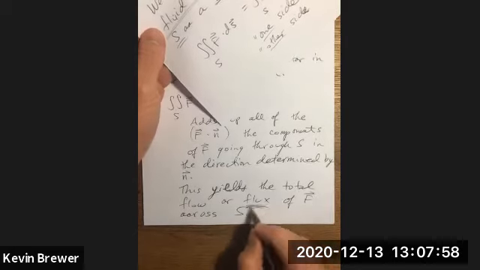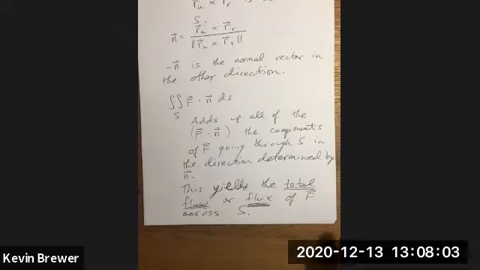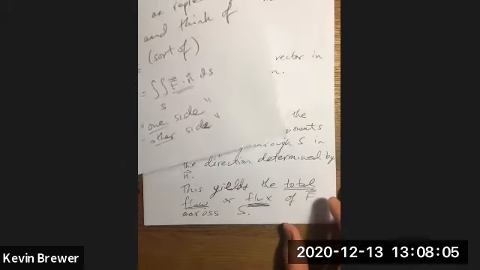So these are called flux integrals, and flux is just the total flow of the vector field across the surface.